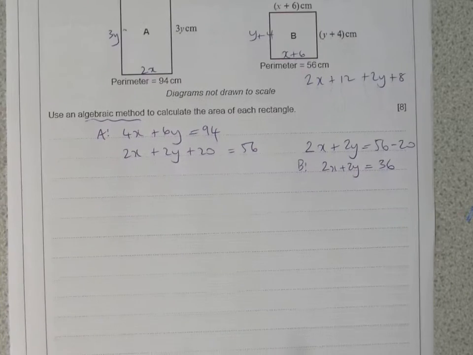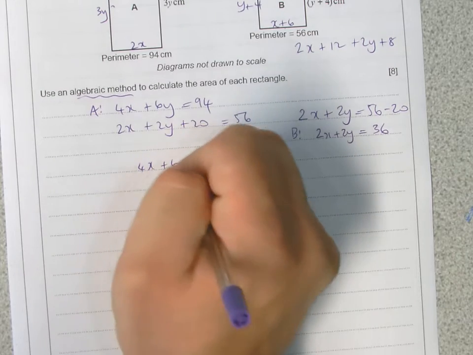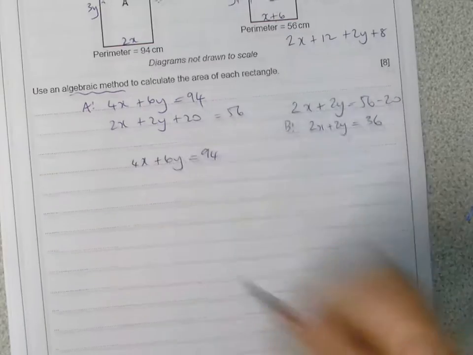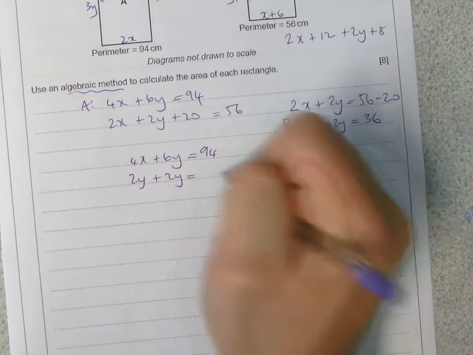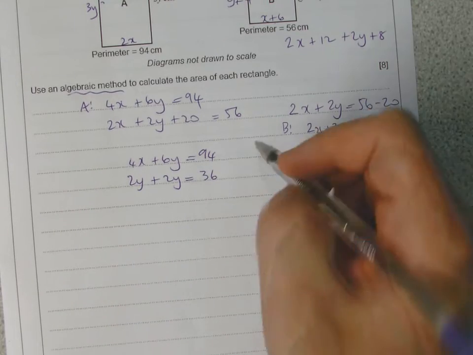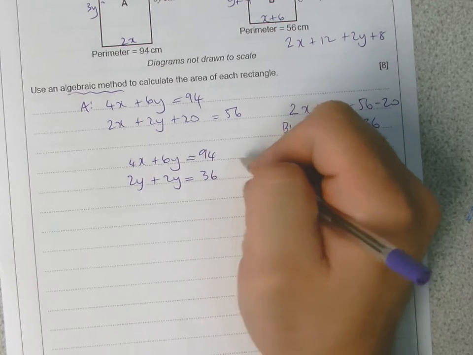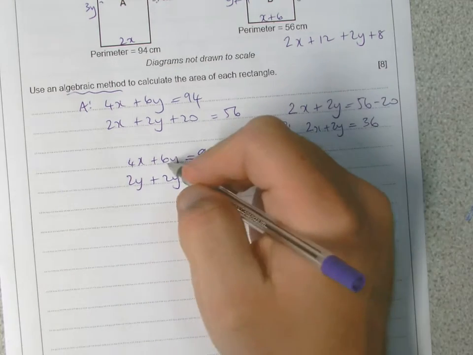Now what I would think would help is if we get them lined up, as we've seen before. So write them out again. I know it's a bit more work, but better to write them up like that. Now we times the first equation by the 2, times the second equation then by the 6.